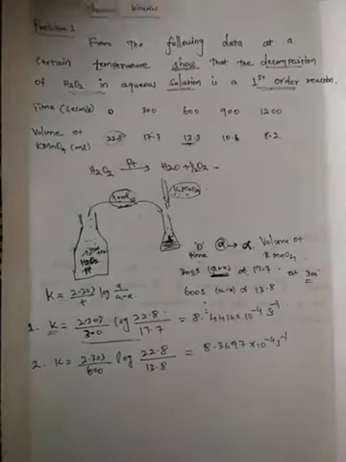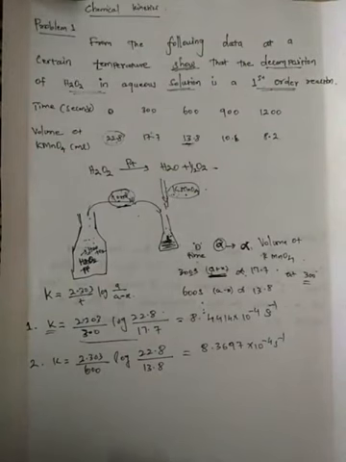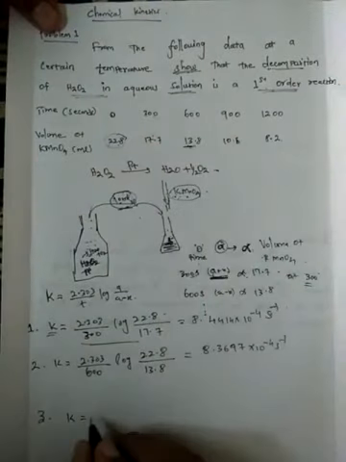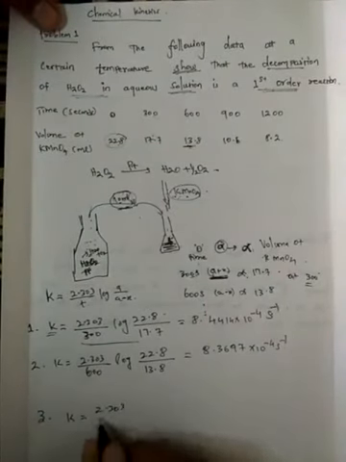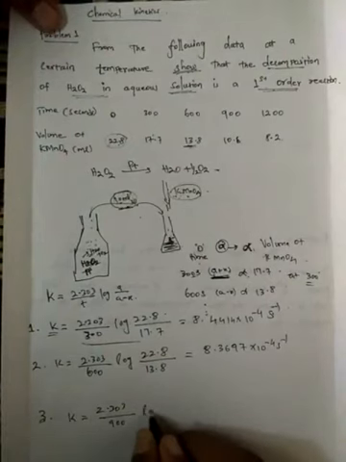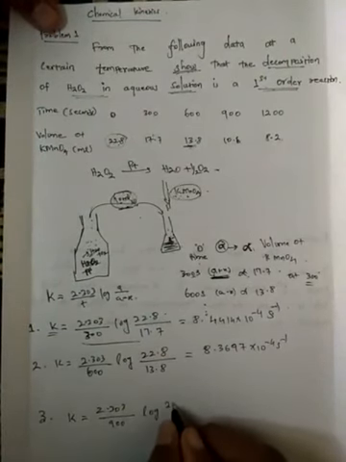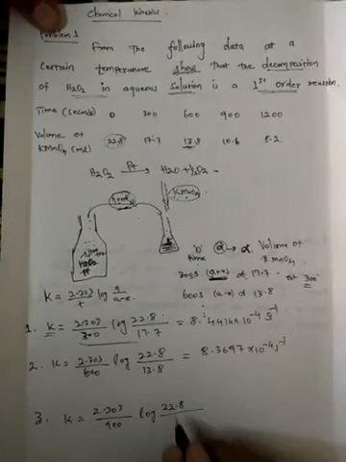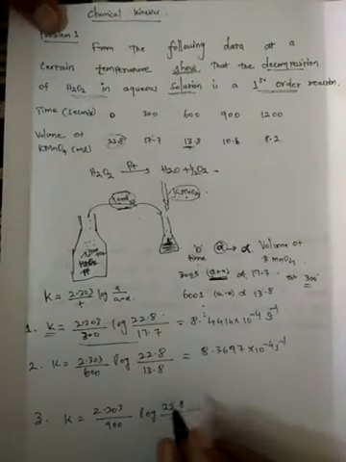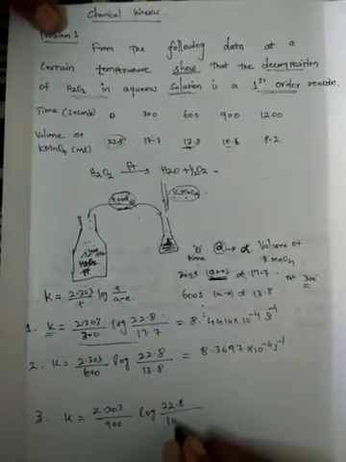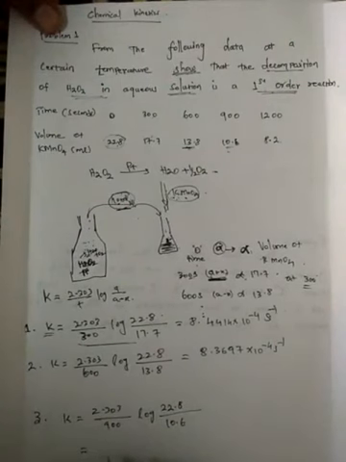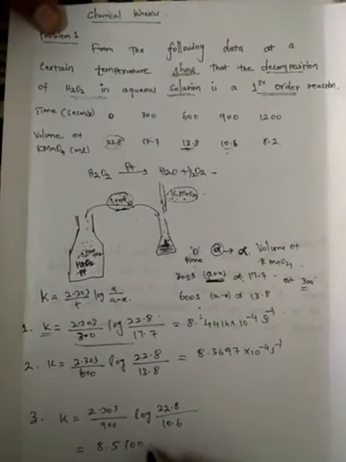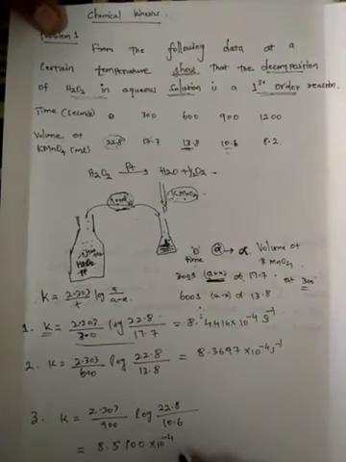Then the next data, at 900 second: 2.303 divided by 900, log of 22.8 divided by the A minus X value, 10.6. This value is again 8.5100 into 10 power minus 4 second inverse.